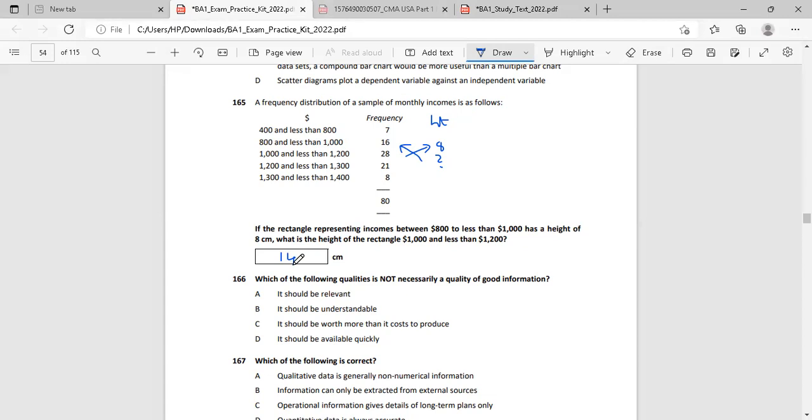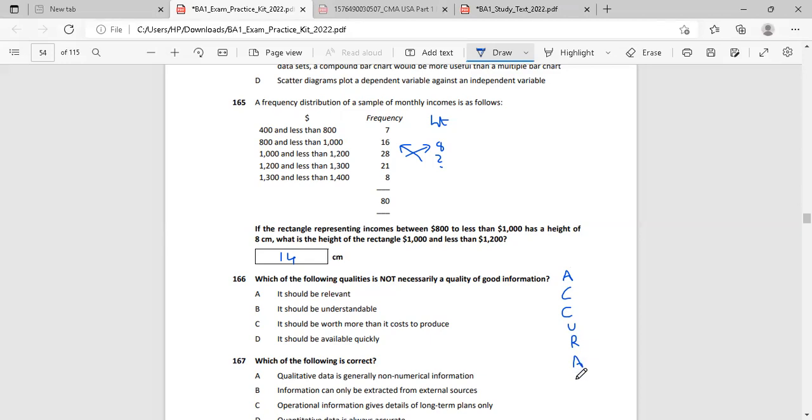Which of the following qualities is not necessarily a quality of good information? Quality of good information is based on the acronym ACCURATE. Accurate.